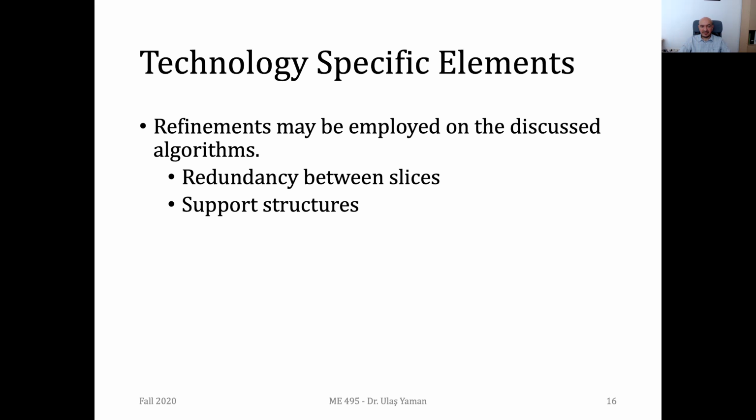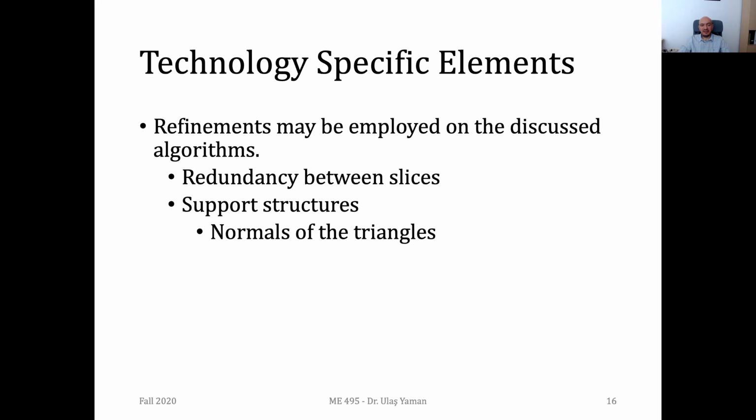Another issue we didn't discuss is support structure generation. In the slicing part, you may need one more algorithm to check the slope of the surfaces. Depending on the angle, you may need to put some extra support structures underneath. This is an important issue, especially for SLA systems, FFF systems, and some specific powder-based technologies.